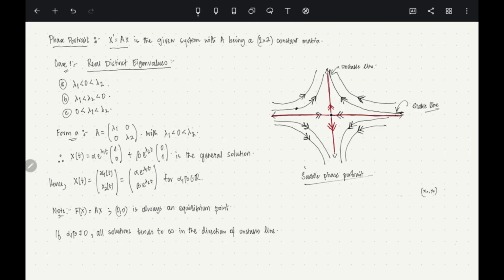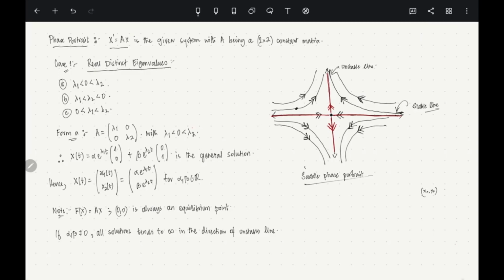So x of t at t equals 0 is the initial position of the particle. This is actually giving you a kind of vector field. Think of an invisible magnetic field. There are flow lines, right?